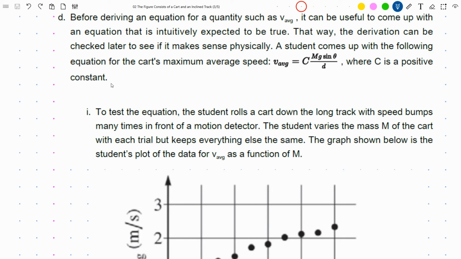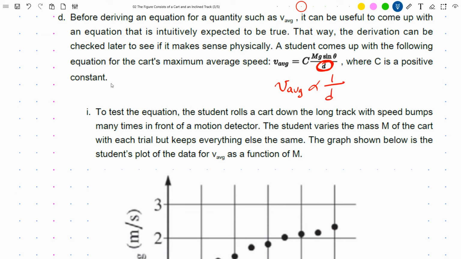Whereas I had no issues with the theta being where it was, I have serious issues with this distance d here. I'll remind you that d stands for the distance between the speed bumps. We've already talked about how if you increase the distance between the bumps, we would expect there to be an increase in the average speed. We've already written that up, in fact. And yet, as this equation is written, it is predicting the opposite of that.